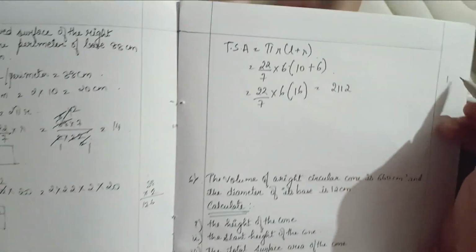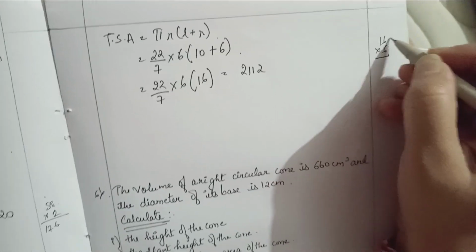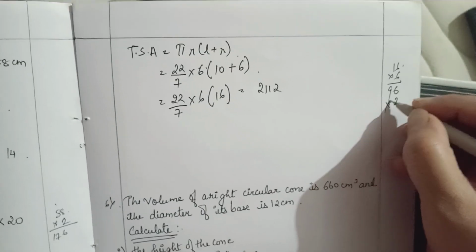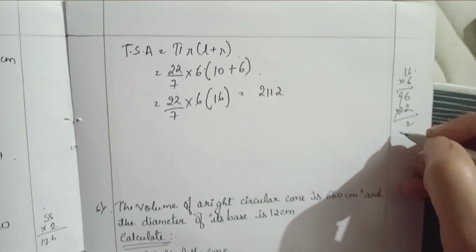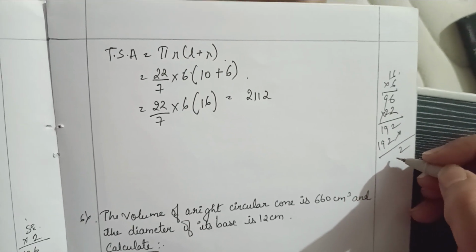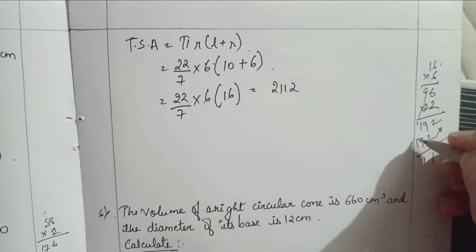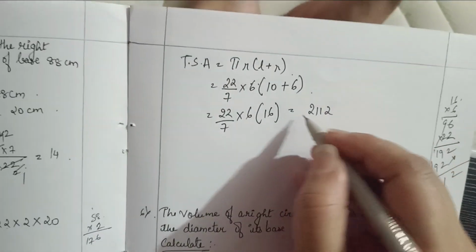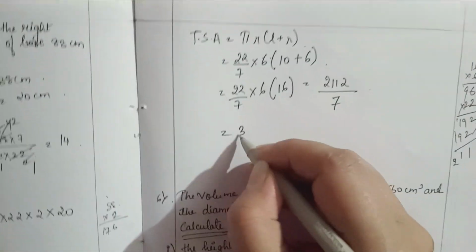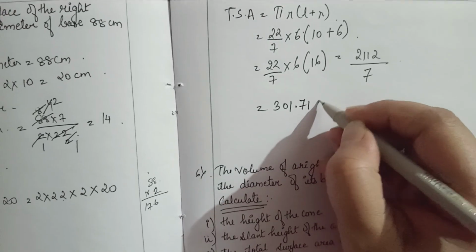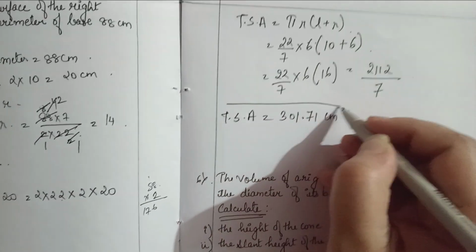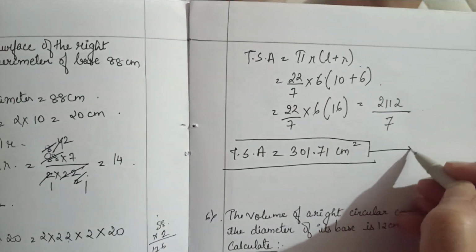Let's calculate properly. 16 into 6, 6 6s are 36, 96. 96 into 22: 6 2s are 12, again 9 2s are 18, 192. 192 plus 1920 gives 2112. Okay, 2112/7 will give you 301.71 centimeter square. This is going to be your total surface area on division with 7.